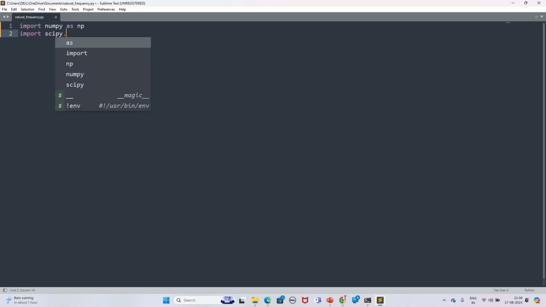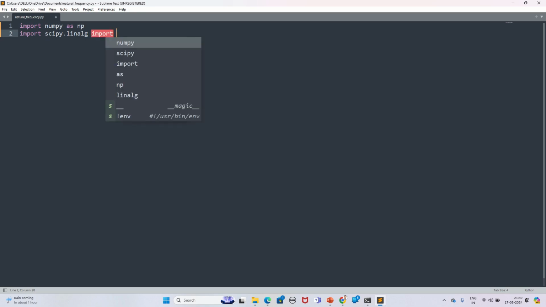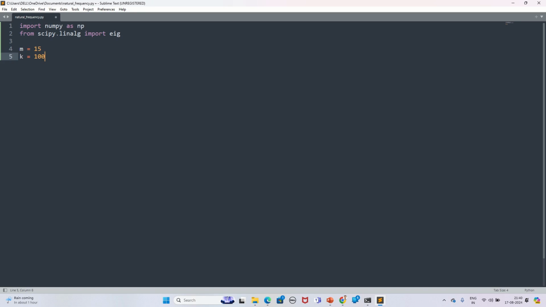From that I need linear algebra, scipy.linalg, and from scipy I will import eig, that is eigen calculation. First I will define the mass m, let's say 15 kg is my mass, and k is 100 for a sample.